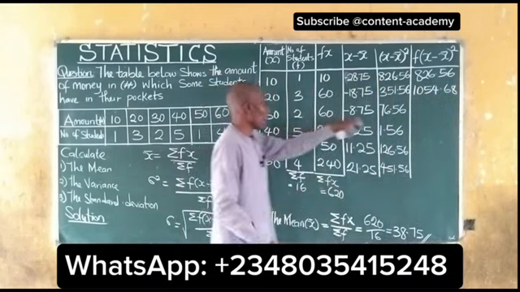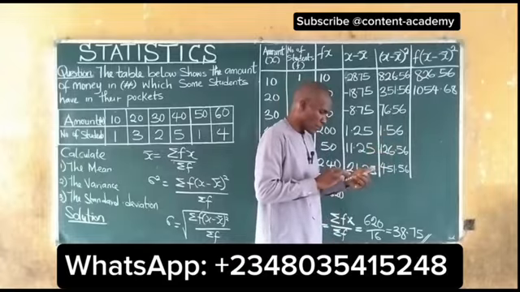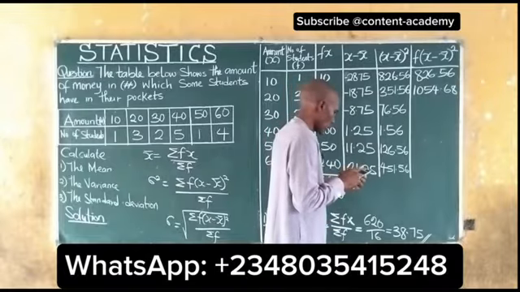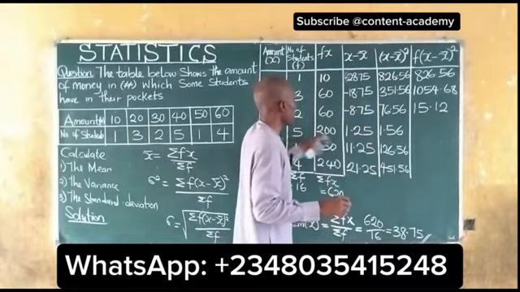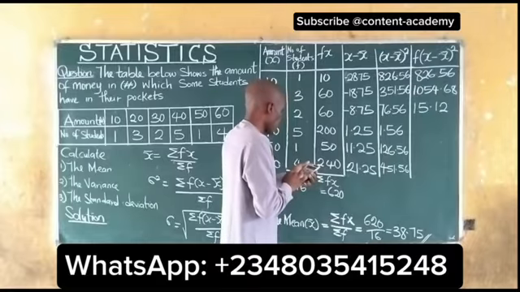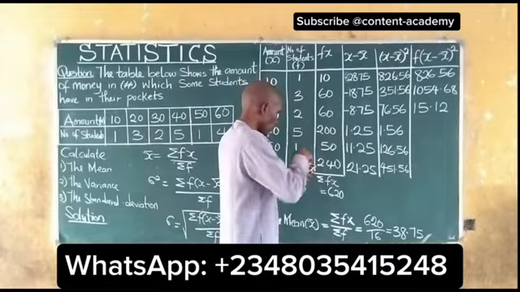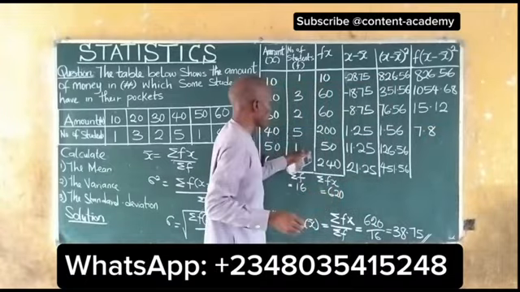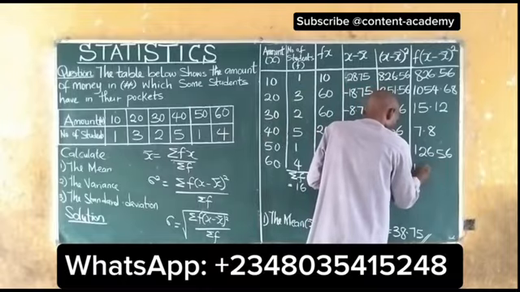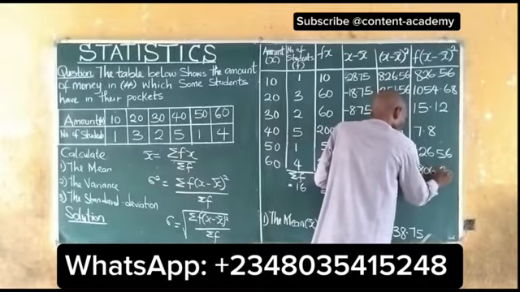Now we have 2 multiplied by 76.56, we have 15.12. 5 multiplied by 1.56, we have 7.8, and we have 1 multiplied by 126.56, and we have 4 multiplied by 451.56. So we have 1806.24.